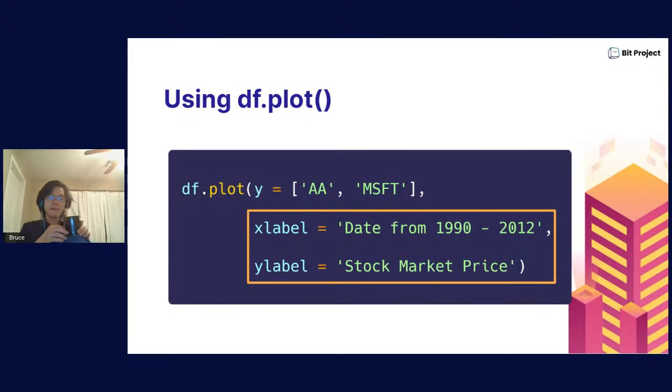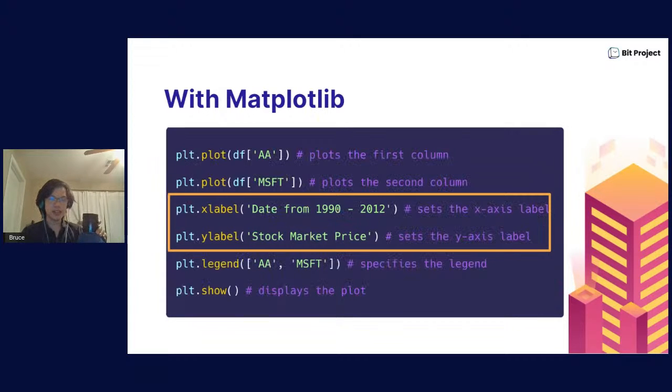So if we want to label the x-axis or the y-axis, what we do is pass in the labels to the xlabel and the ylabel parameters. This is pretty clear, I think.